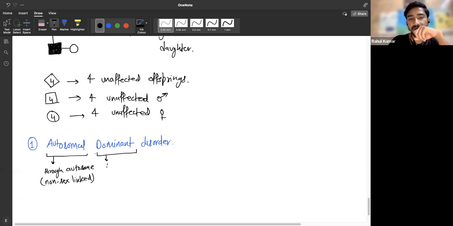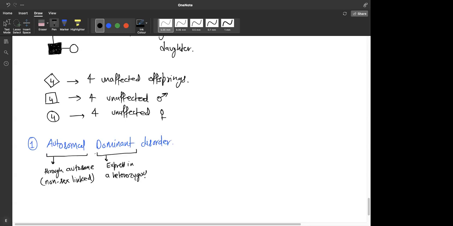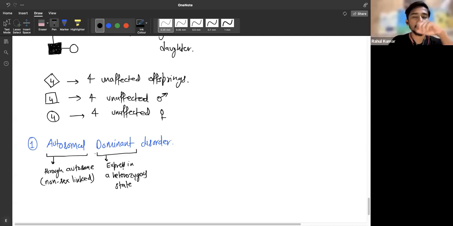It can express in a heterozygous state, right? Yes or no? Yes. Because it is a dominant one, even if one allele is present, it can be expressed.